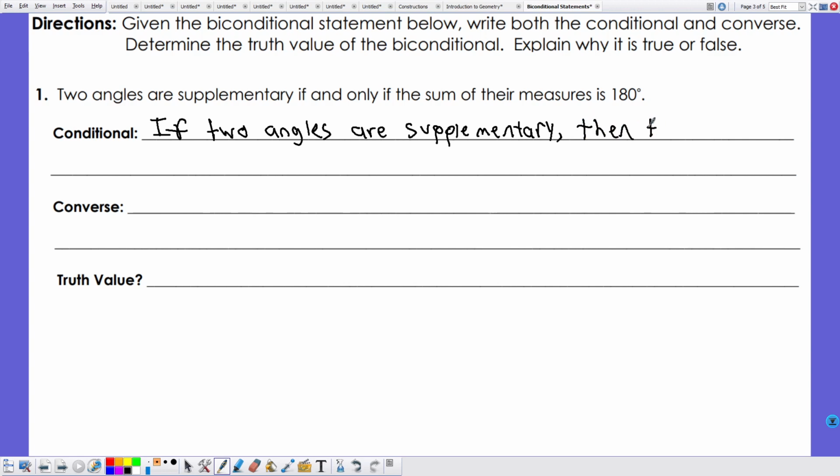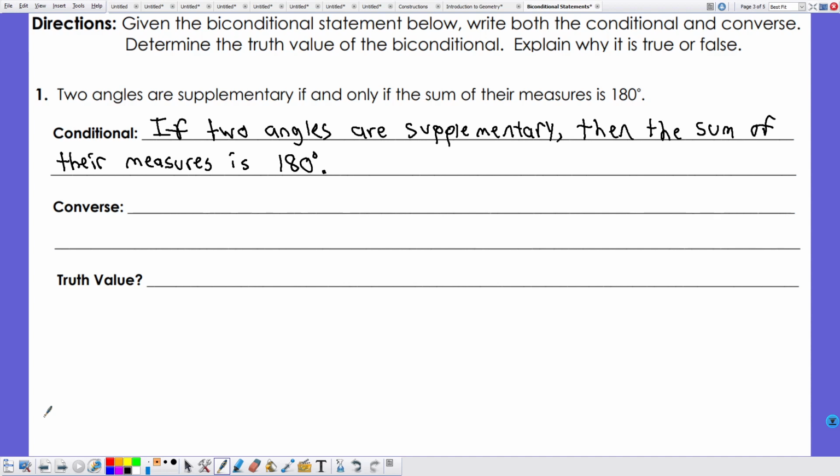Then the sum of their measures is 180 degrees. So that's your conditional. And again, this is like the forward direction, because you're converting it into a simple if-then statement without really changing the flow of how it was originally written.